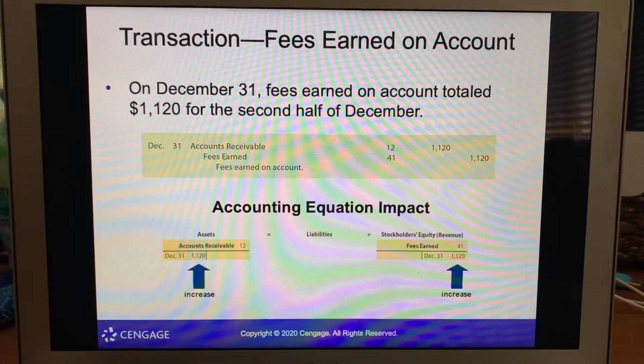Now this next one says December 31, accounts receivable, on account 12 for $11.20, fees earned for $11.20, and then fees earned on account. So basically what's happening is we're getting money for the second half of December.